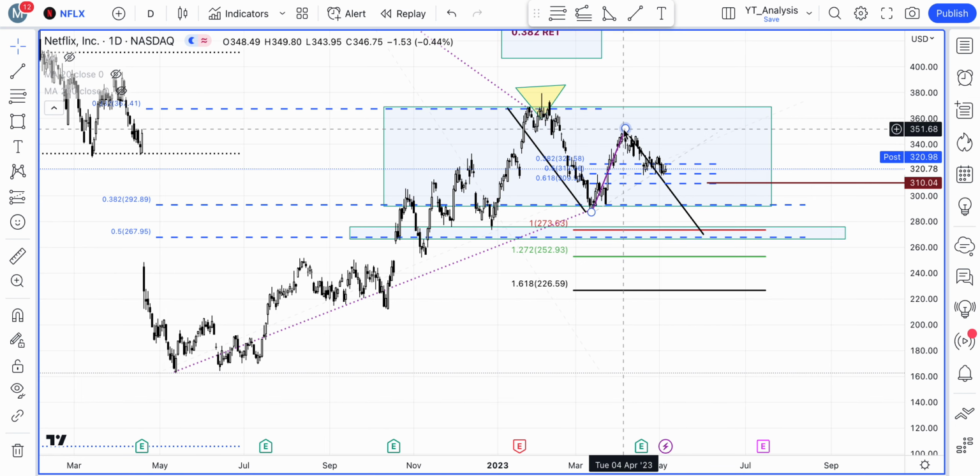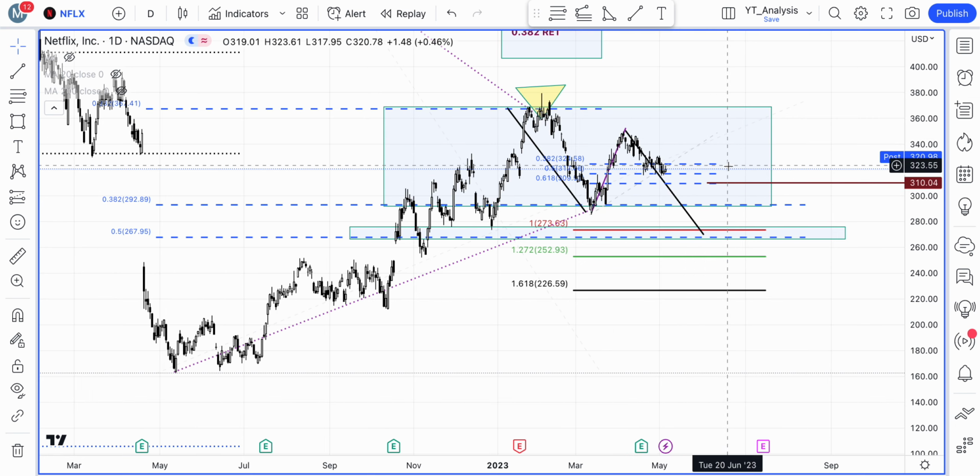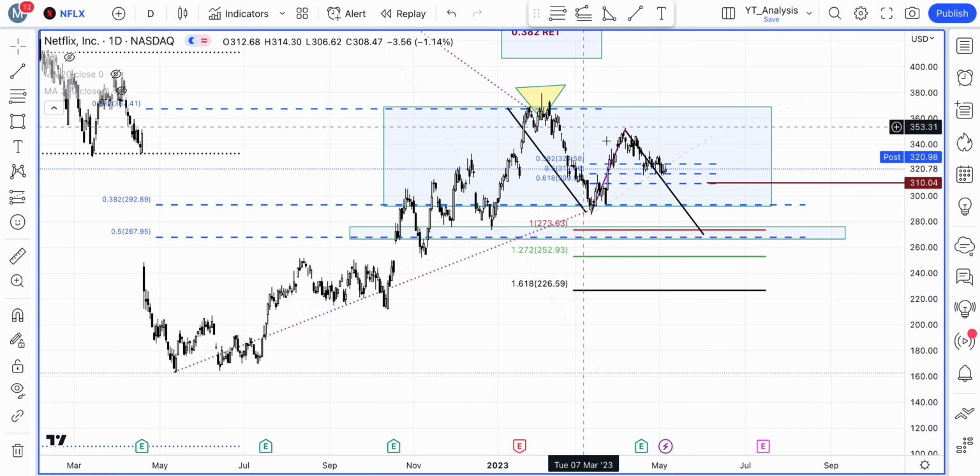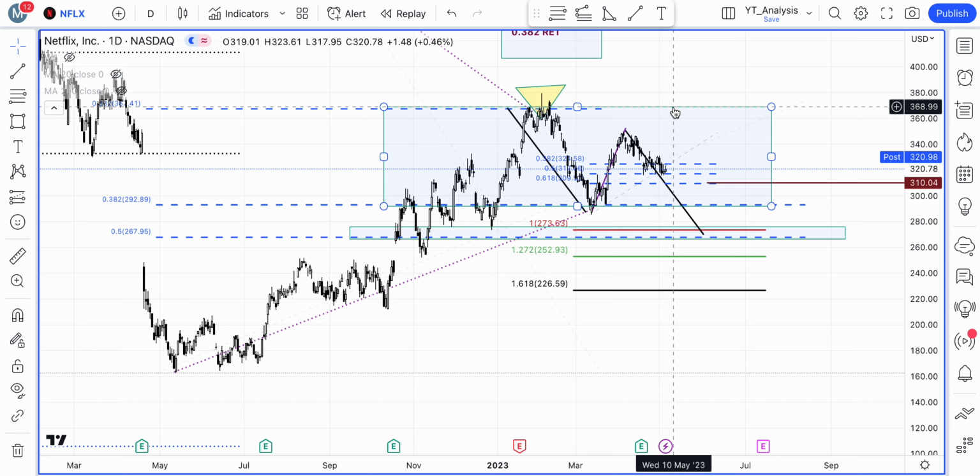Now, in fact, the stock broke below the $325 per share level, which is the 38.2% Fibonacci retracement. So it really needs to keep on trading above this $310 per share level for a possibility that it could test the upper boundary of this trading range, and in fact break out of it.